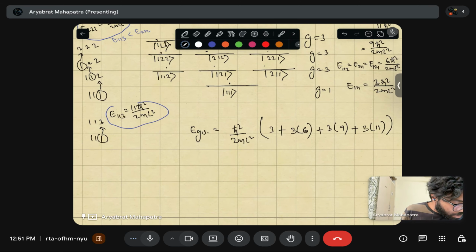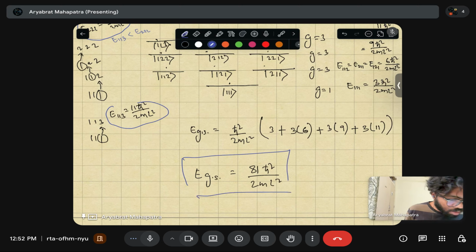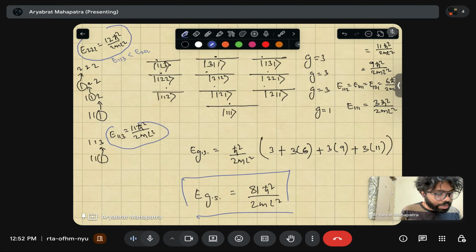You sum it all, and that will give you 81 times h bar square over 2 m l square. So that will be your ground state for the Fermi-Dirac statistics.